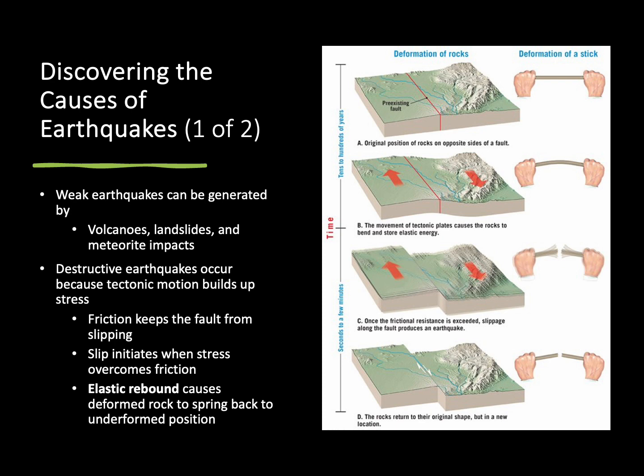There's going to be a lot of friction holding those rocks in place. But eventually, if we put enough pressure on those rocks, a slip will initiate. And a slip just means that it suddenly moved forward in some way, so it's a sudden movement or rupture along this fault line. And it's not only going to release all of the built-up stress, it's going to cause an earthquake that releases that energy.